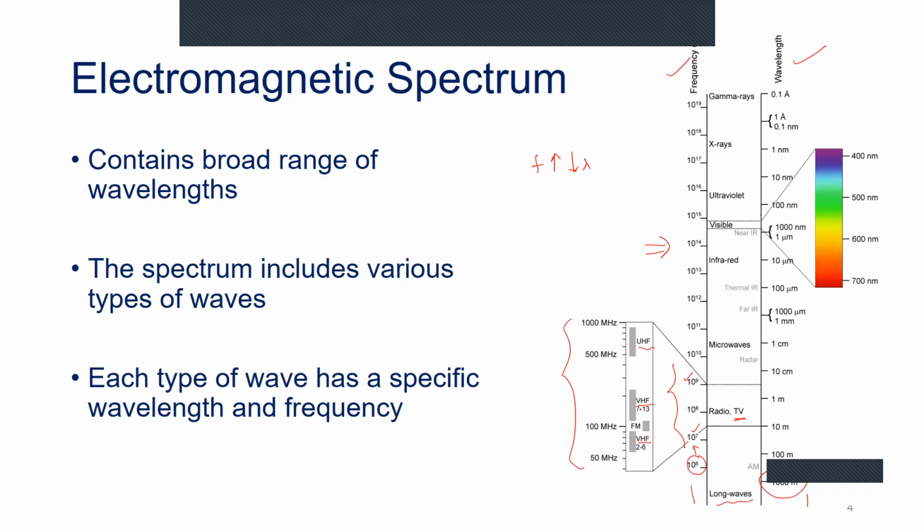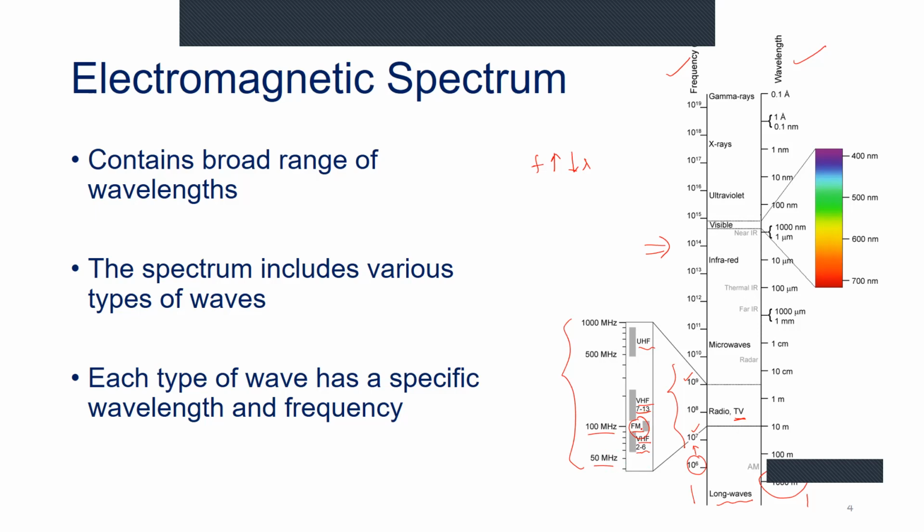Based on this frequency range classification, VHF is used for FM, the radio that we listen to, the signals from various stations. They use this very high frequency, which ranges from 50 megahertz to 100 megahertz. Specifically, this is about 2 to 6 megahertz, and this is 7 to 13 megahertz.